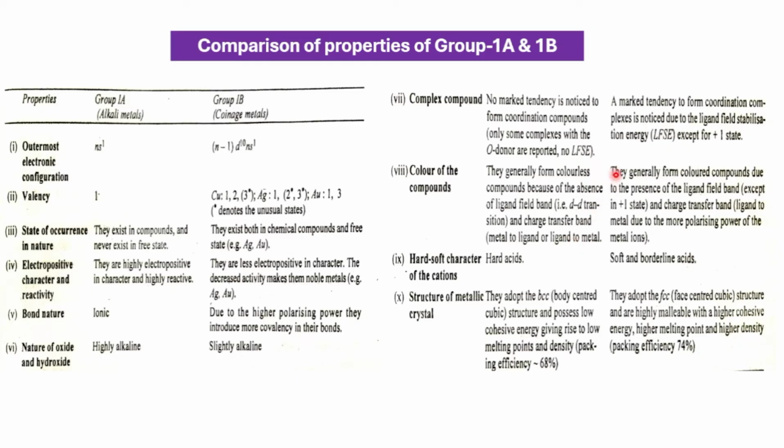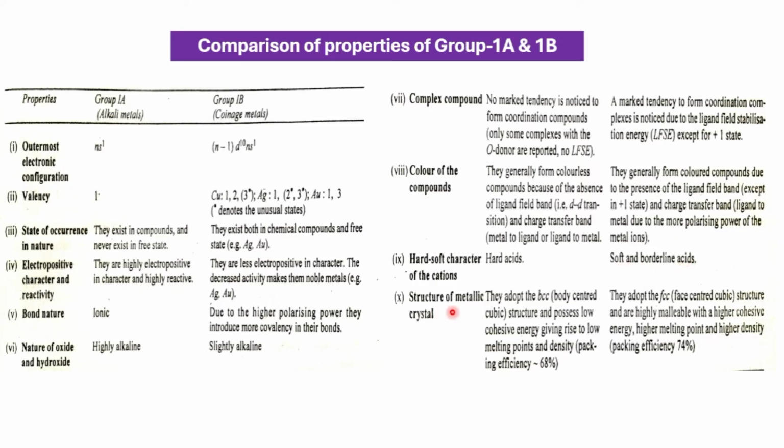In case of group 1B, they generally form colored compounds due to the presence of the ligand field band and charge transfer band. Now if you see the hard soft principle, group 1A elements are hard acids, whereas group 1B elements form soft and borderline acids.